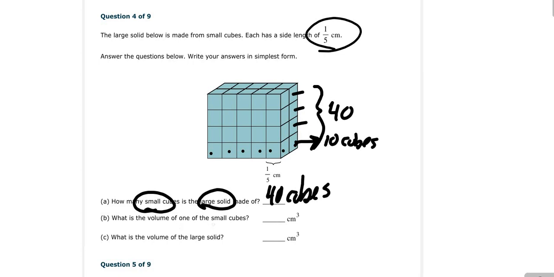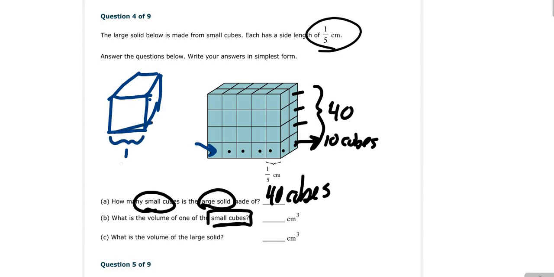What is the volume of one small cube? One small cube. So the volume is, let's draw ourselves a single cube. We're going to pull it out. So this edge here is 1/5. And because it literally is a cube, we cube that to get the volume. Length times width times height.